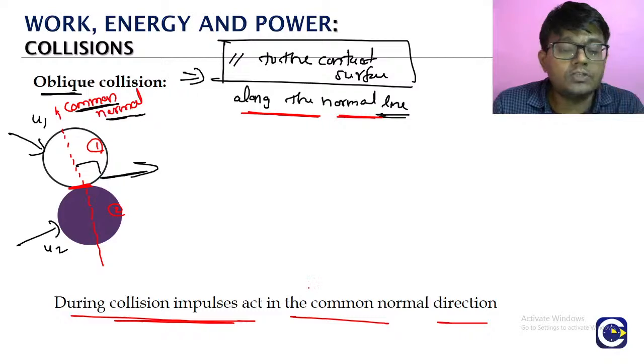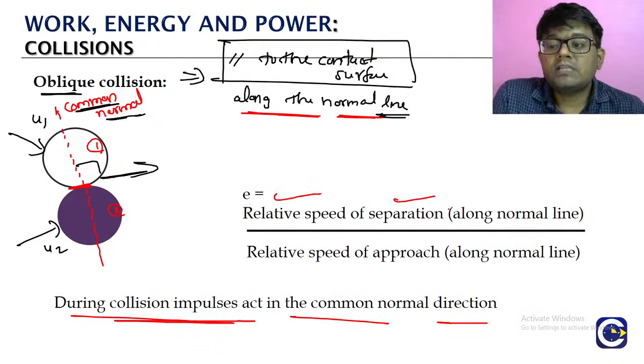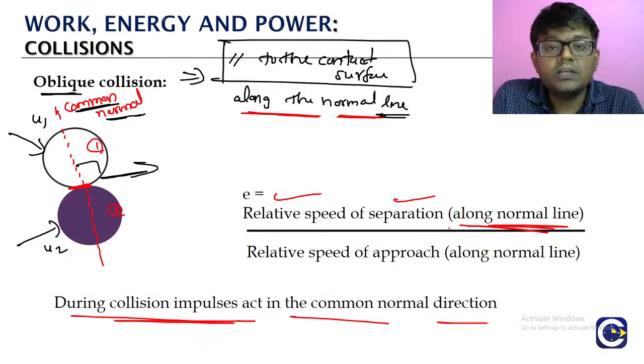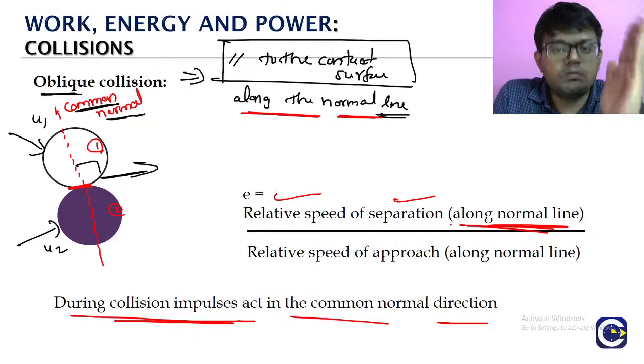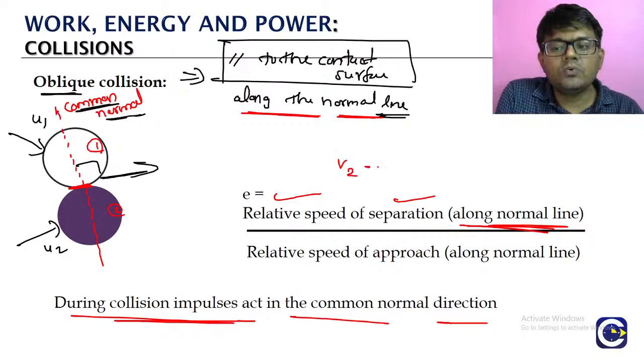So here the coefficient of restitution is defined as the relative velocity of separation. We only have to consider the normal components, meaning the components of the velocities along the normal line. Previously, what was the formula we had? V2 minus V1 by U1 minus U2.